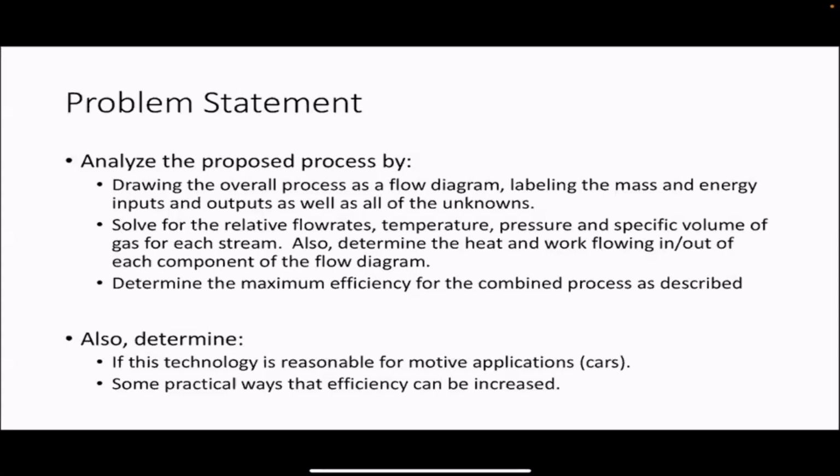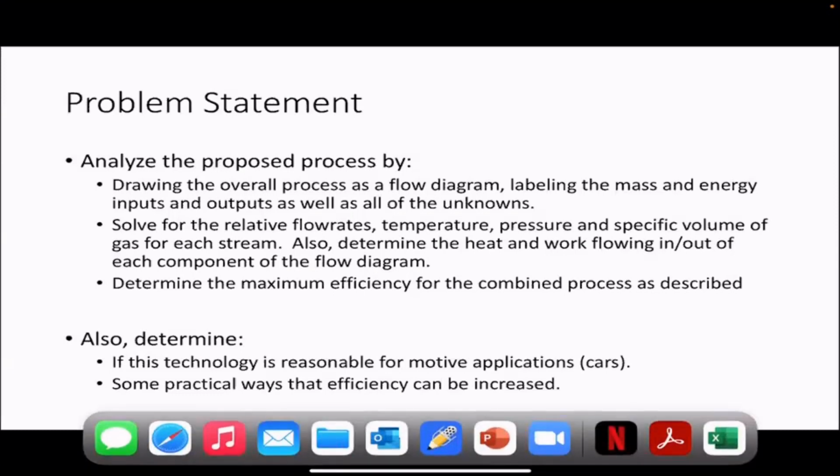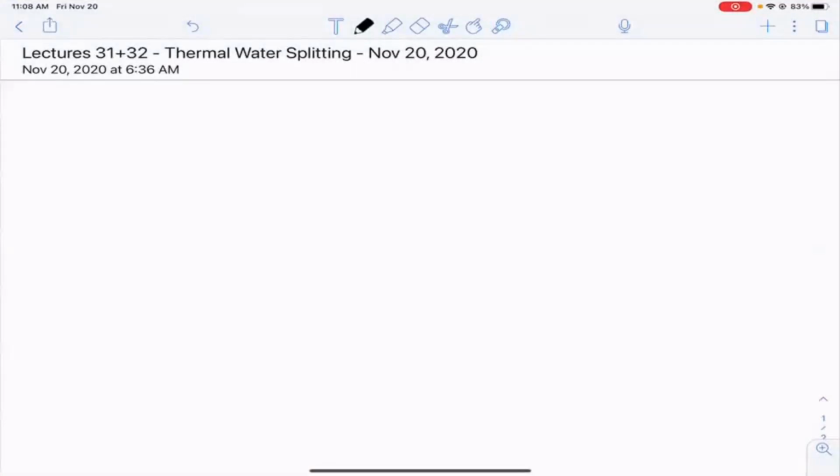And the first task here is to draw an overall process flow diagram. And so I'm going to start there. Okay, and I want to start with the 3 parts of the solar cycle. So I know that I'm going to have this solar side, and we're going to have the Otto side.